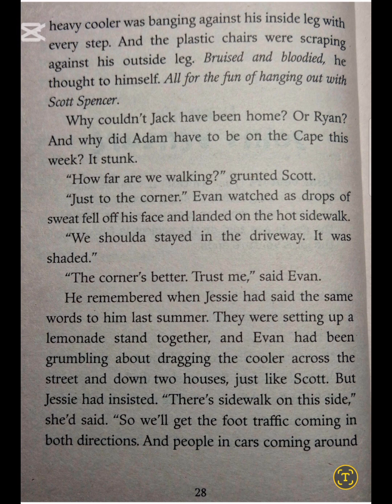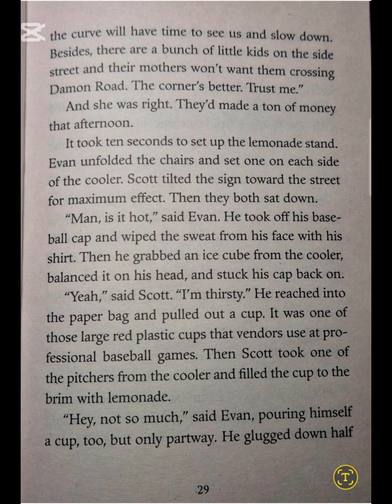There's sidewalk on this side, she said, so we'll get the foot traffic coming in both directions, and people in cars coming around the curve will have time to see us and slow down.